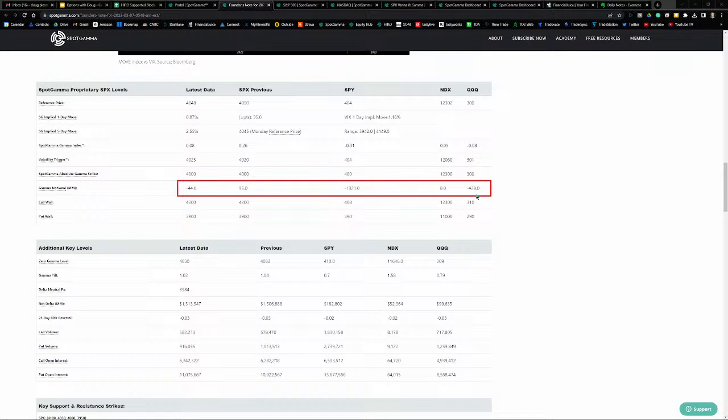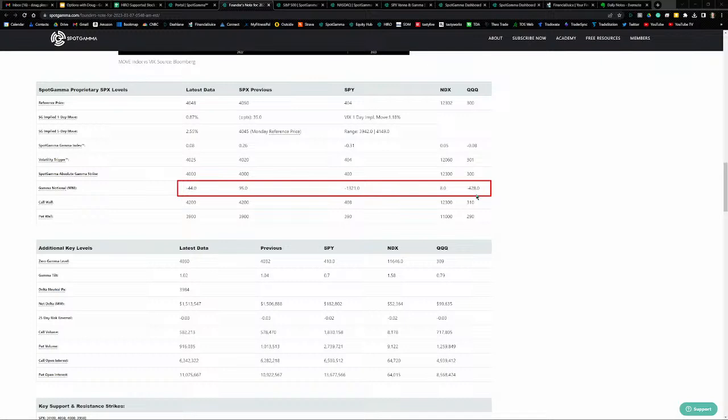And all of these indices are negative gamma. This is market maker's gamma notional, and this indicates that for all these indices, traders are long puts, market makers are short puts, and they have to hedge their delta exposure as price drops. They have to sell futures. And then if price increases, they can buy back their short futures.